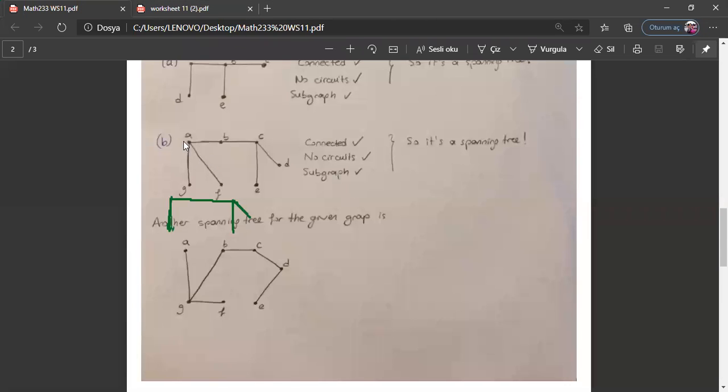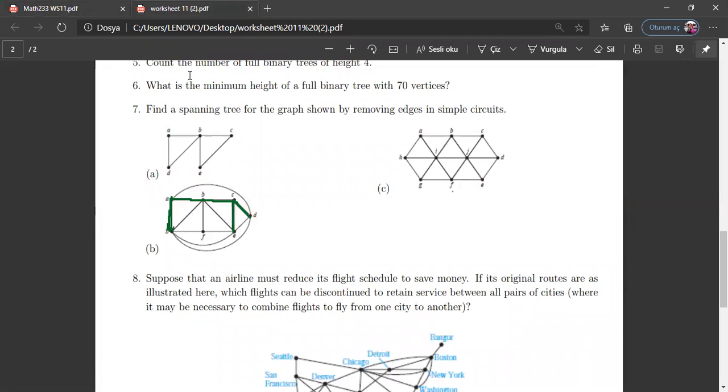This is not a subgraph, right? Because there's no edge between A and F, but we can write it like this.